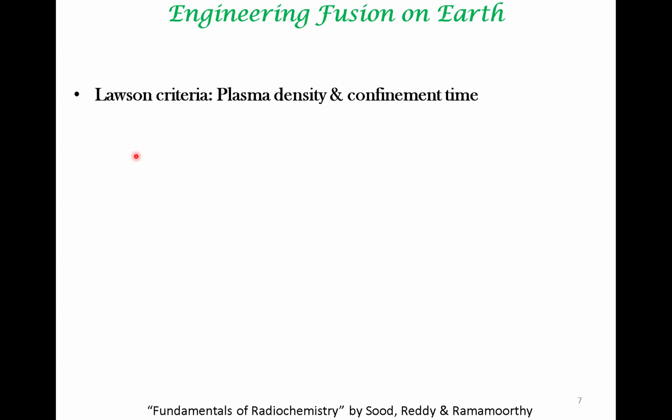There are three main things. One is the plasma temperature, which in turn determines the plasma density. You want to have very high density to promote a lot of collisions, and you want to confine it.